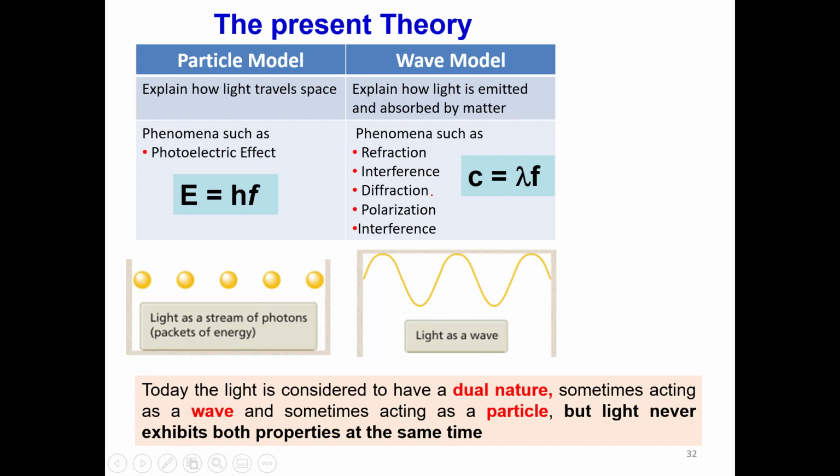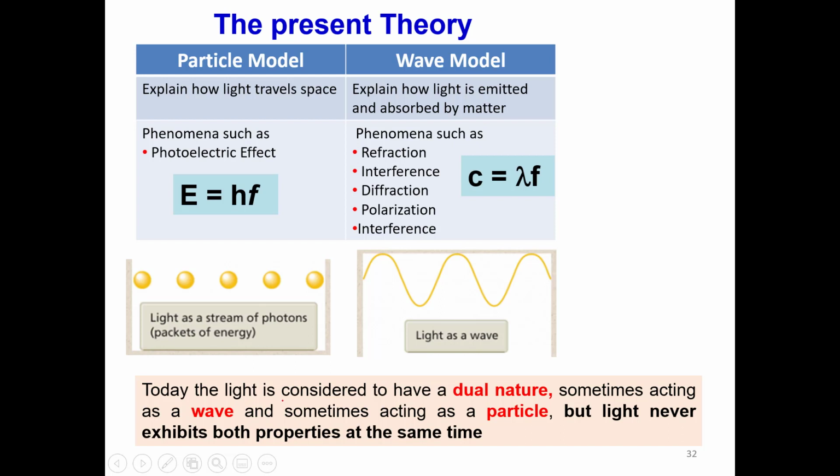And because light is a wave, we can identify this wave if we know the speed of the wave, the wavelength of the wave, and the frequency. This is how we can represent the light as a wave.